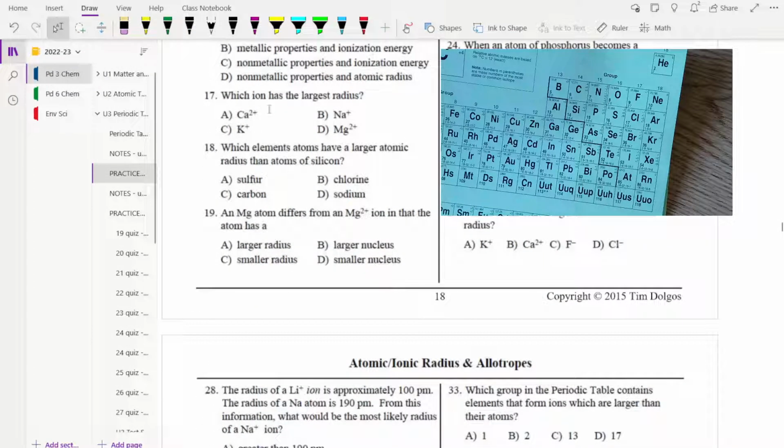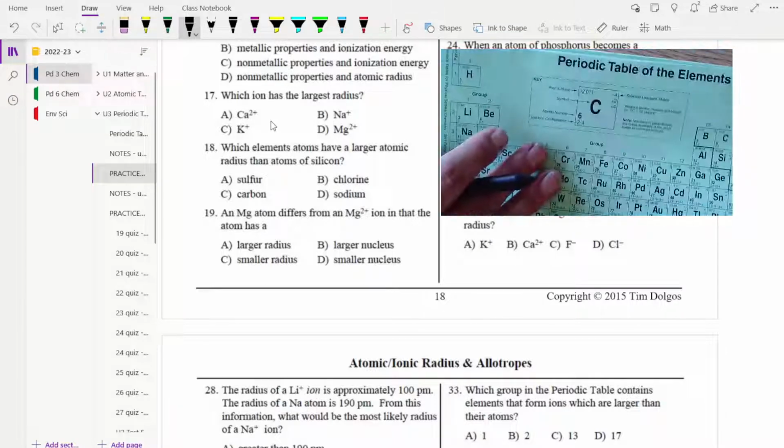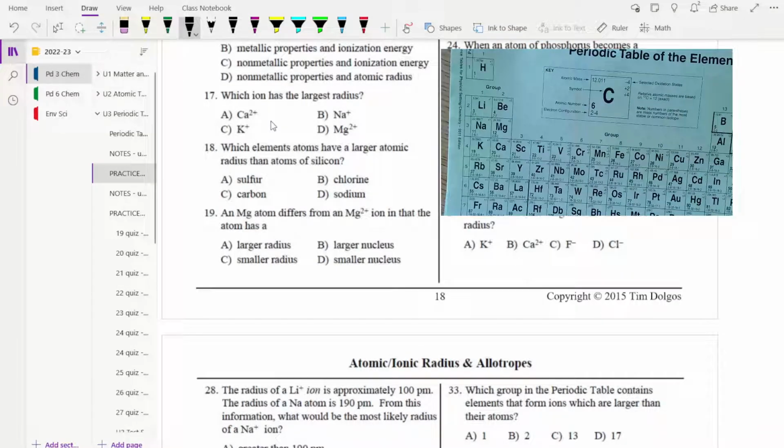Which ion has the largest radius? I feel like I'm being repetitive with these, but we'll take a look at it and try to do an explanation for you. What we're looking at is either calcium or potassium, sodium or magnesium, so we have two pairs.